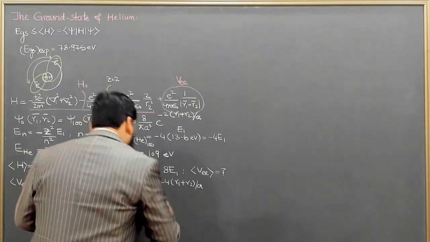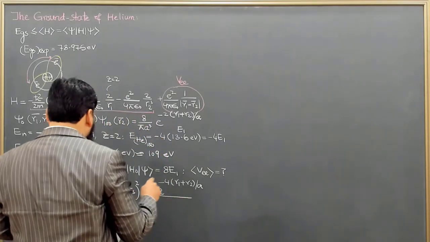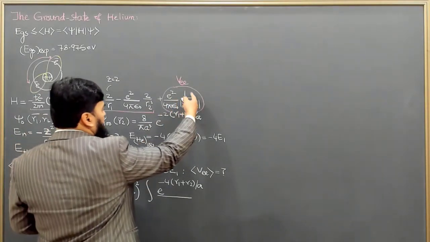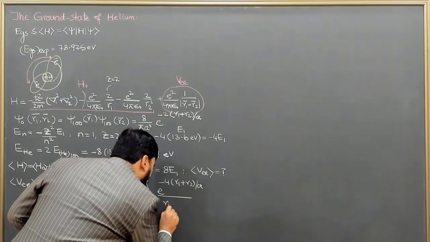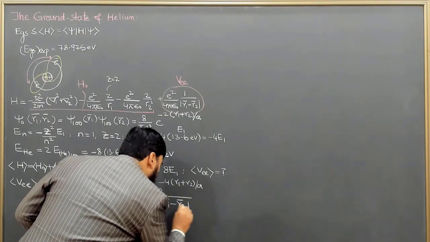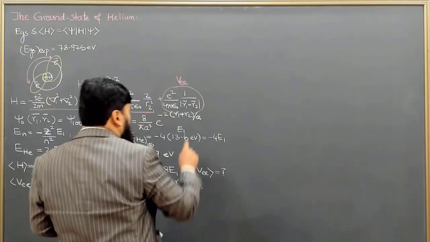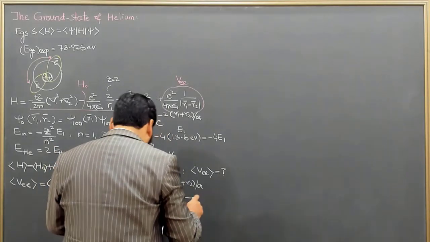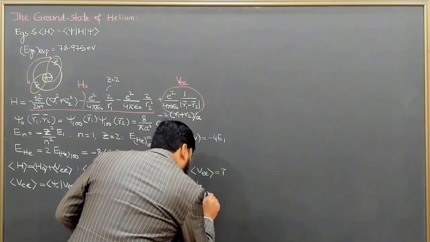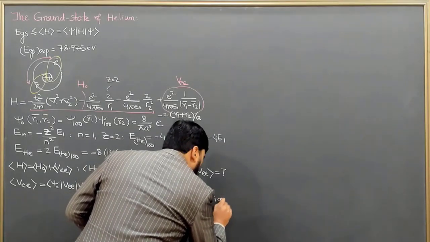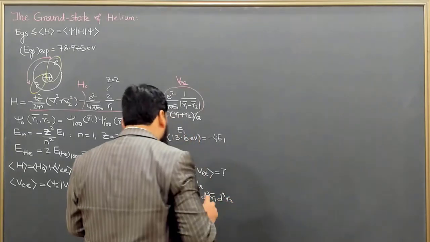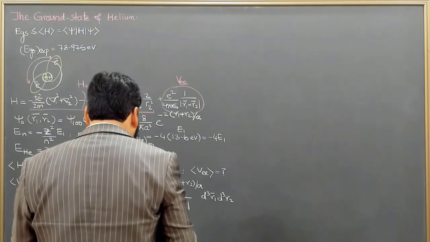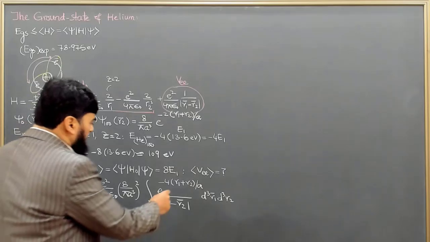Then we have the VEE term, e square over 4 pi epsilon naught, which we have written, and this 1 over the absolute value of r1 minus r2 term is there, and then there will be the integration terms. We have r1 and r2, so we will have the volume elements d cube r1 and d cube r2. So it's a very complex, lengthy integral, and we will have to solve it further step by step.